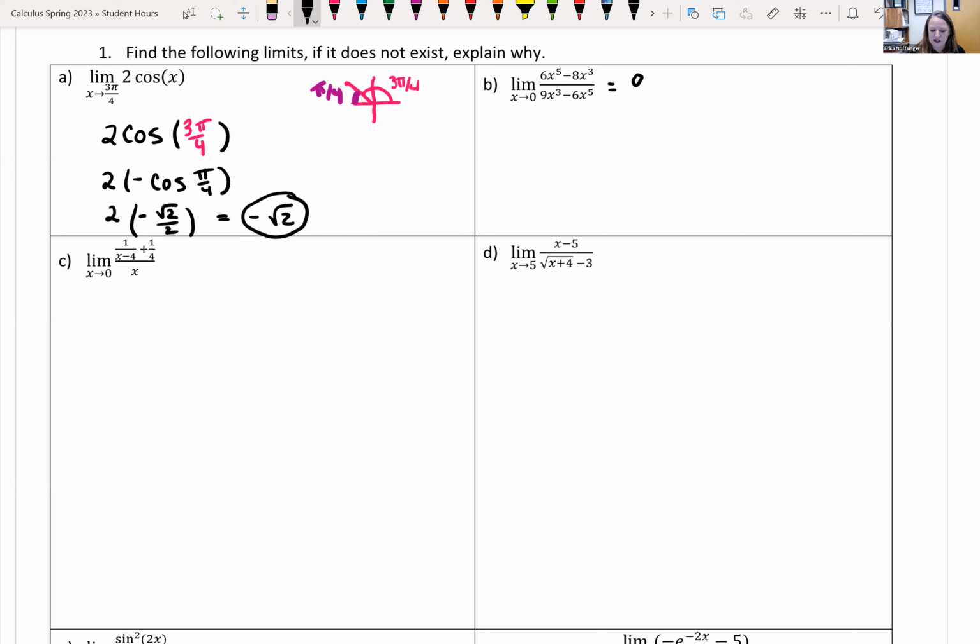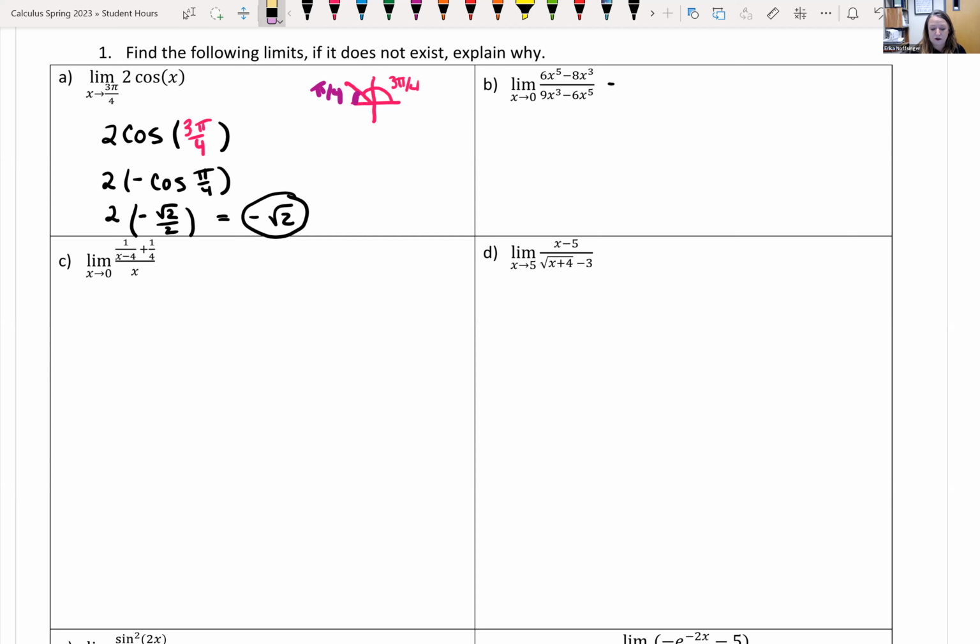That's just 0 in the numerator, all over 9 times 0 cubed minus 6 times 0 to the 5th, which is also 0 in the denominator. If we get the form 0 over 0, this is an indeterminate form, which means it doesn't tell us anything about the limit, and we need to go back and manipulate our function.